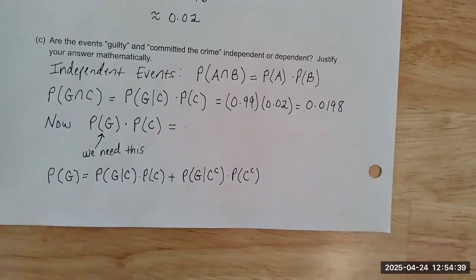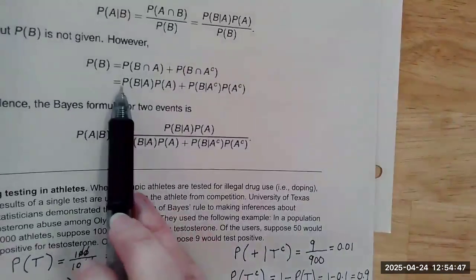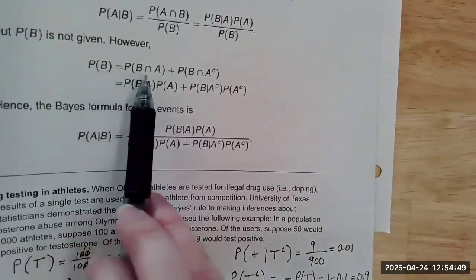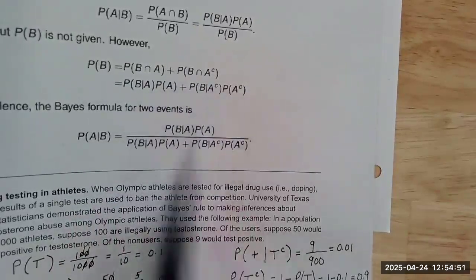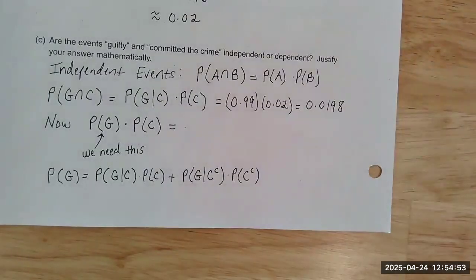This is our law of total probability, which we have on the formula page up here. So if we want the probability of B, we break it up into those things, which is what we just did.